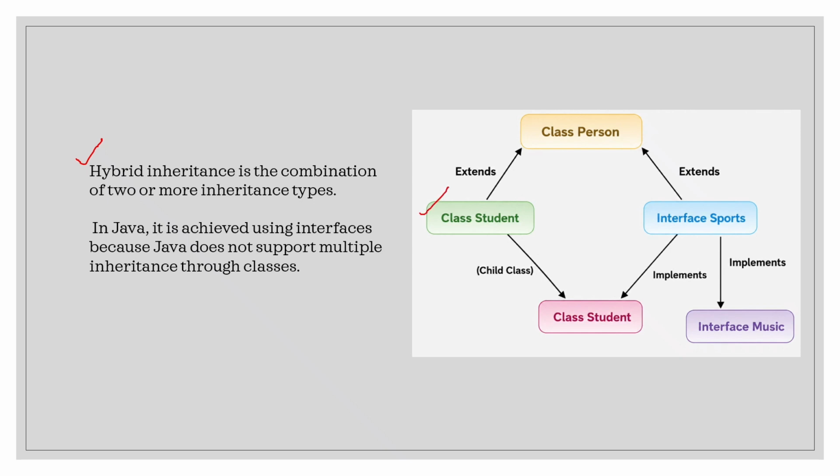This is single inheritance, and the same student class also implements sports, write, and music interfaces. This represents multiple inheritance using interfaces. So the combination of both becomes hybrid inheritance. And the extends keyword is used for the class and the implements keyword is used for the interface.